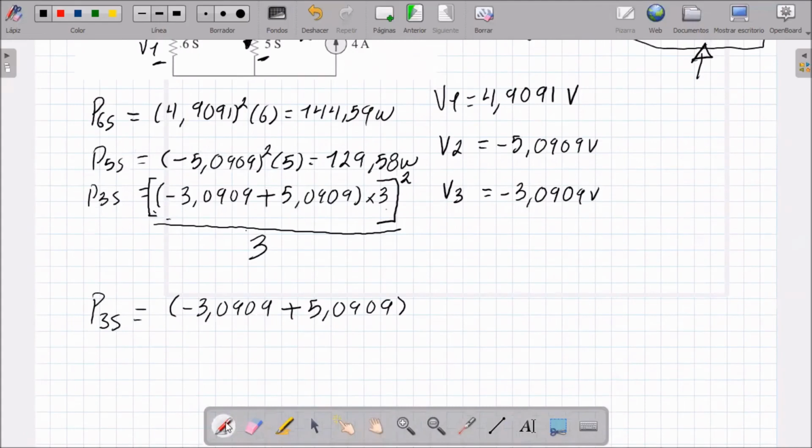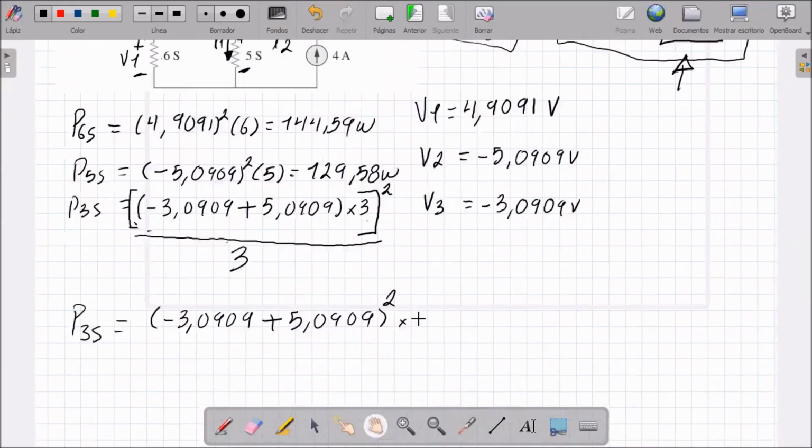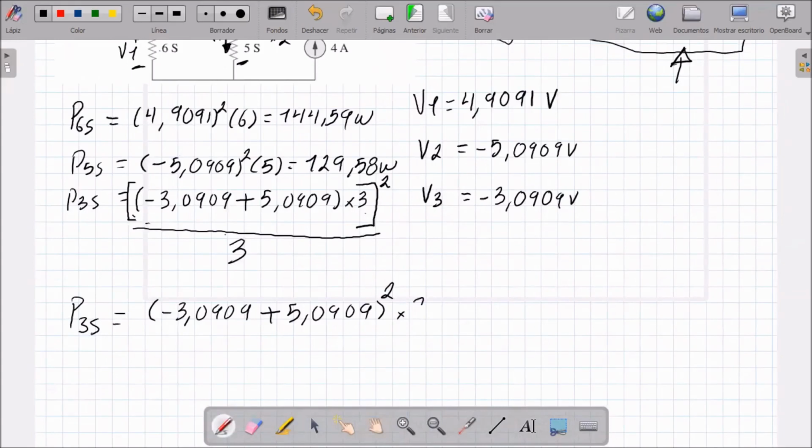And I just square it and multiply it by the conductance, in this case 3. This would be the other way, with the voltage of the 3 S resistor. I square it, multiply it by the conductance, and it gives me the power, which would be 12 watts. If you want, verify it and these will be exactly the same.